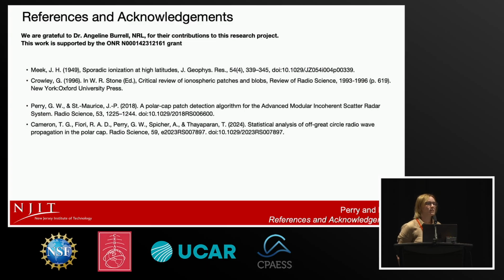So, yeah, it is very problematic, but I would say we should not look at it so much as, do we see a polar cap patch? We are detecting the plasma density variability with this automatic algorithm in RISR.